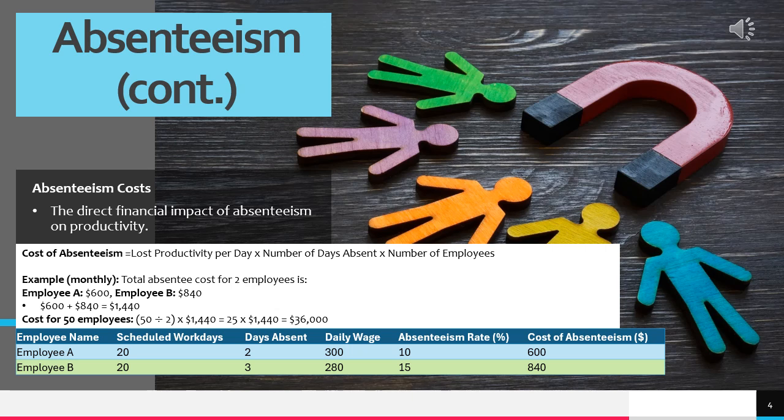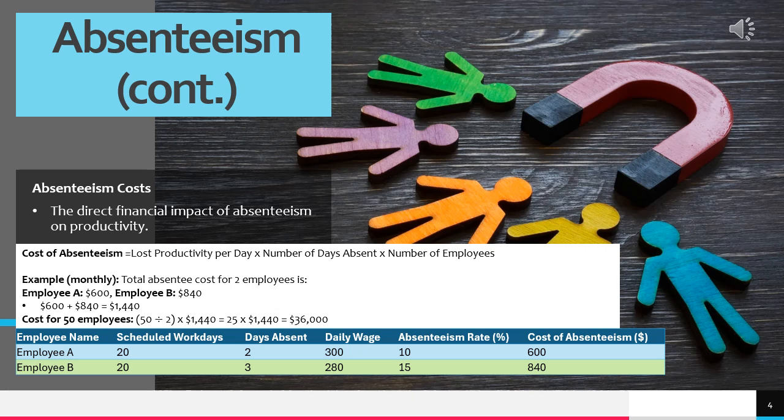Since here we are assuming that the absenteeism patterns for these 2 employees represent the entire workforce of 50 employees, we multiply the absenteeism cost by a factor to account for the full workforce. So, for example, our cost of absenteeism sample for employee A and B equals 1440.